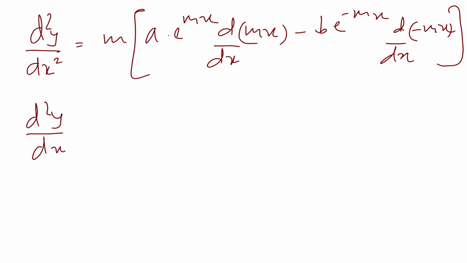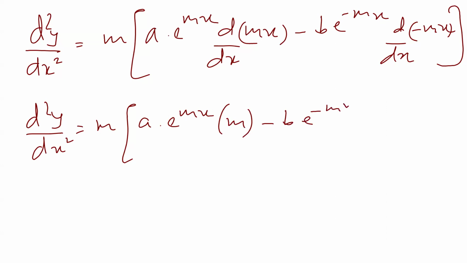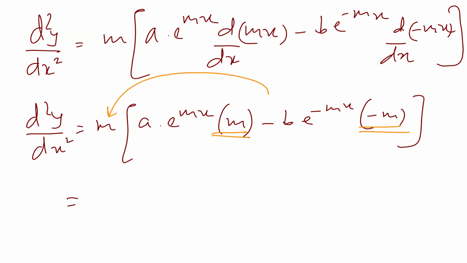d square y by dx square is equal to m times a e raised to mx into m, minus b e raised to minus mx into minus m. I'll take this m common from the square bracket. When this m goes outside, it will get multiplied with the outer m, and it will be m square.